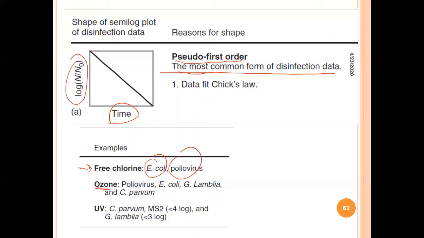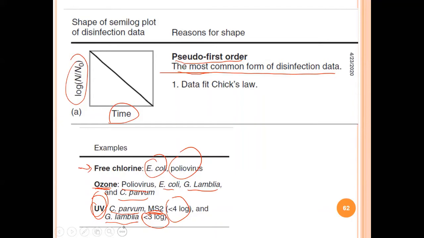Or if we are using ozone for poliovirus, E. coli, Giardia lamblia, and C. parvum, then this law is valid. Or if we are using UV to inactivate C. parvum, MS2 virus less than 4 log, and Giardia lamblia less than 3 log, then we can use this model, Chick-Watson law or Chick's law.